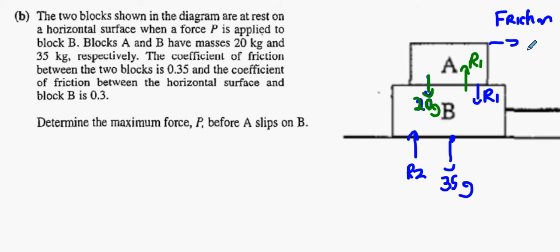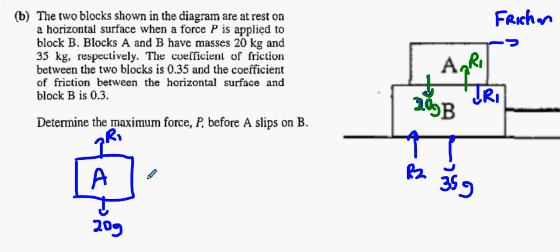They move with a common acceleration a, before A slips. If B moves too fast, A will slip backwards. But at this point in time, the friction is holding it in position, and A will stay exactly where it is, traveling at the same acceleration as B.